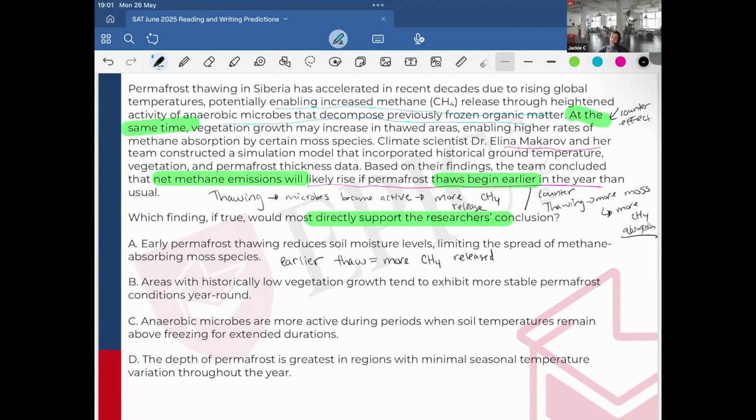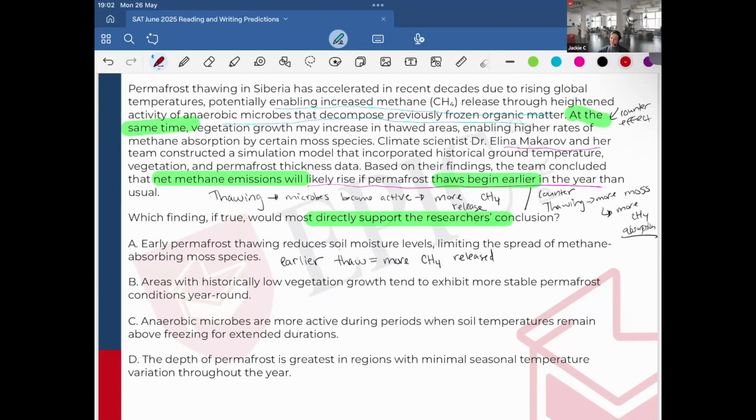This could make sense because it explains why moss growth, and remember the moss growth is what is absorbing the methane, may be limited. So basically the absorbing side is getting weaker, which leads to a net increase in methane emissions. I'm liking A, but let's check out the other ones.